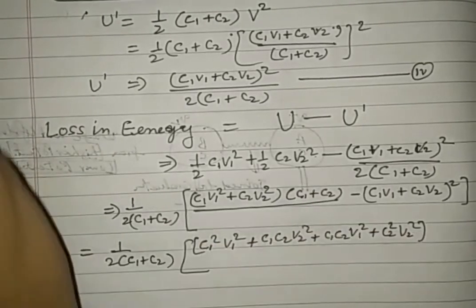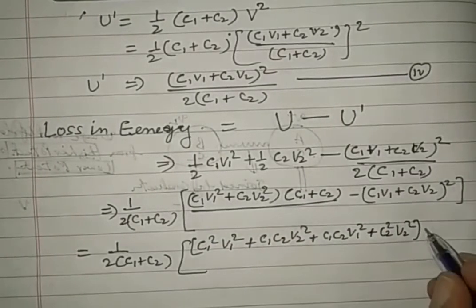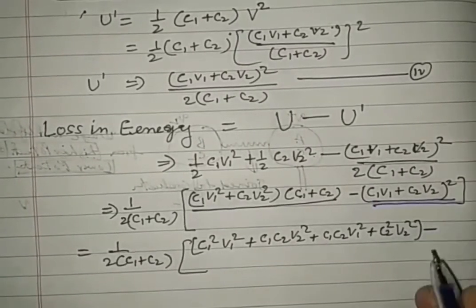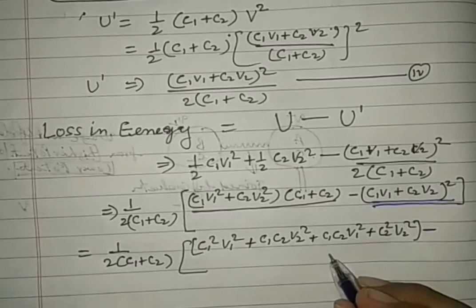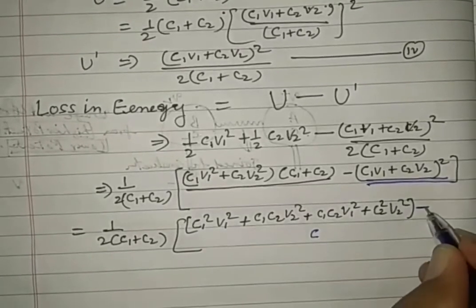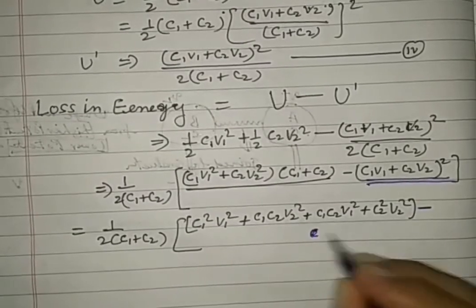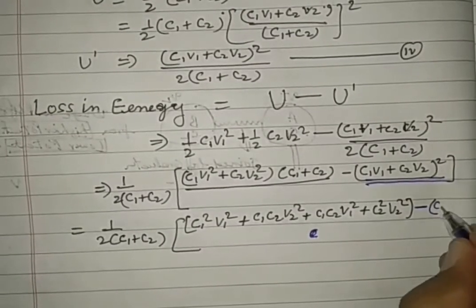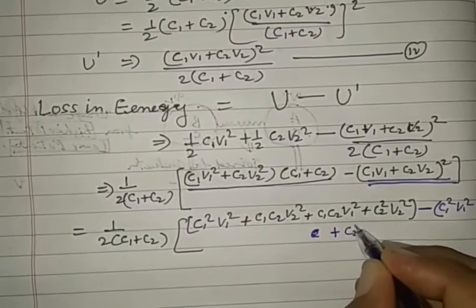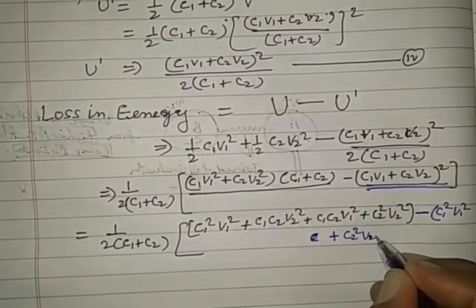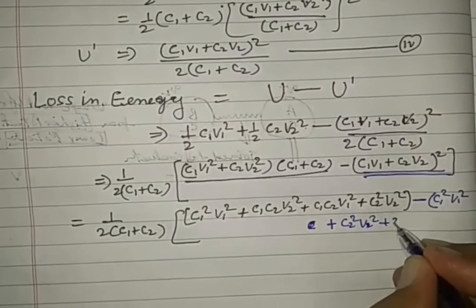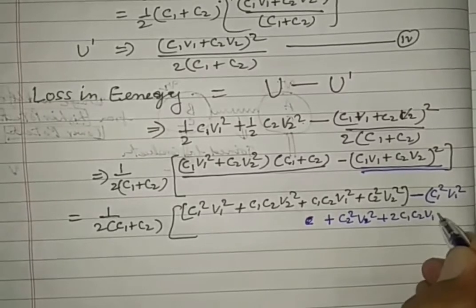Now the expansion of the other term I am writing from here, with the minus sign: C1 square V1 square plus C2 square V2 square by the formula A plus B whole square, plus 2 C1 C2 V1 V2.